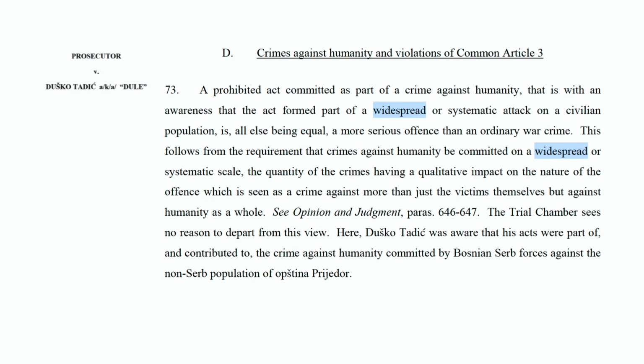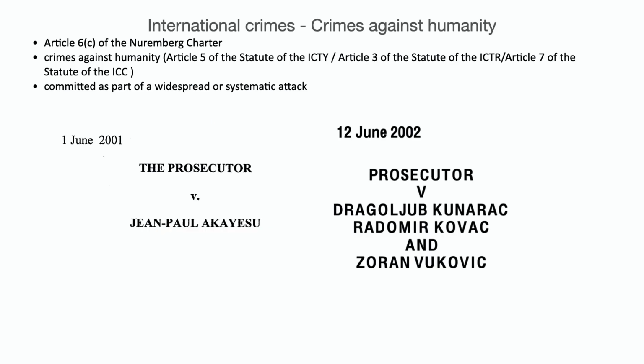The requirement of widespread or systematic was examined in the Tadić trial. Proof that the attack was widespread or systematic are legal elements of the crime. The existence of a policy or plan could be relevant, but it was not a legal element of the crime.